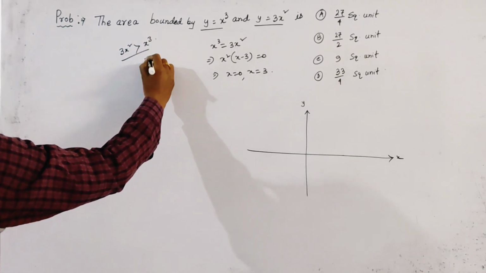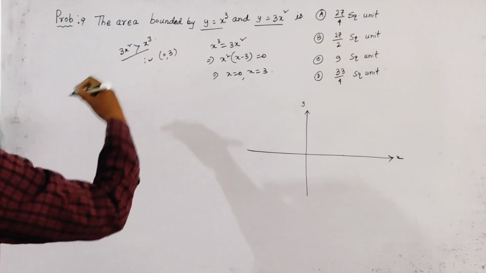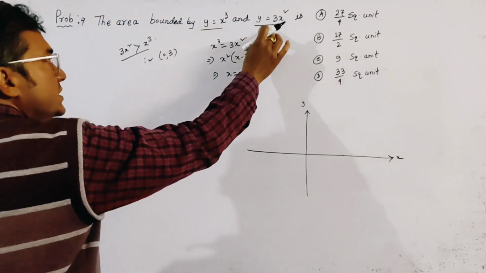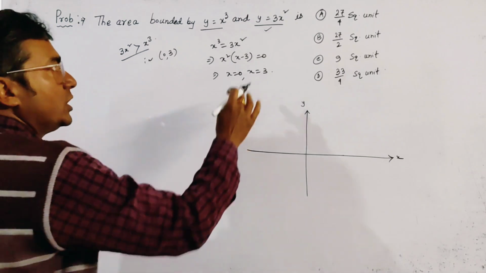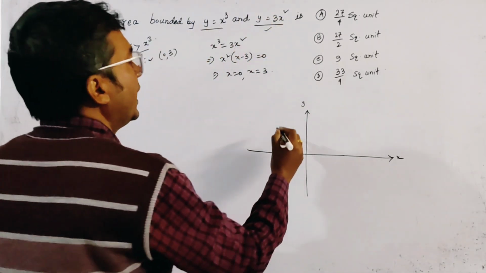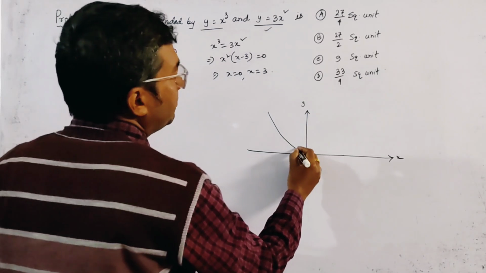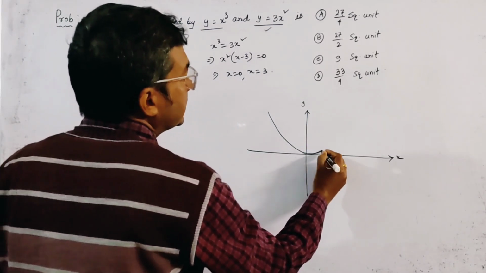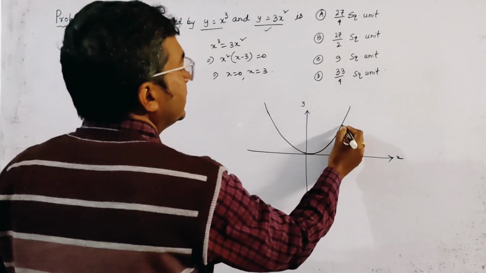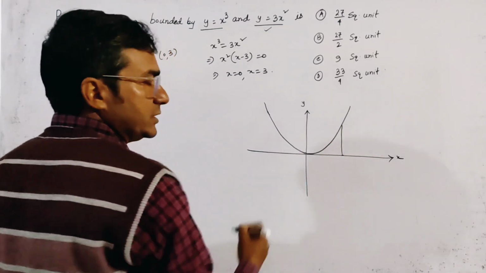And it is clear that this is a parabola. So the curve x square equal to 4 by type, this is clearly a parabola of this form. And let it be x equal to 3.